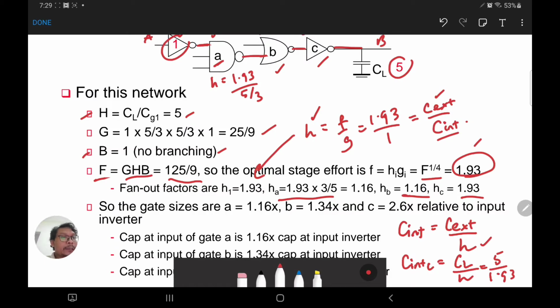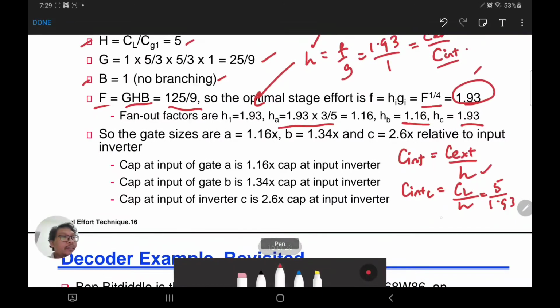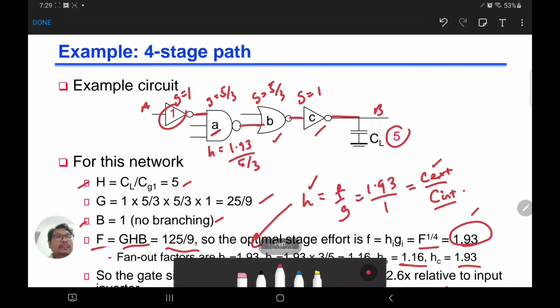Then we should get 2.6, 2.6x. So we know now that the size of C is 2.6. So C should be made 2.6 bigger than the first inverter, because the first inverter is size 1. Here is size 1, here is going to be size 2.6.